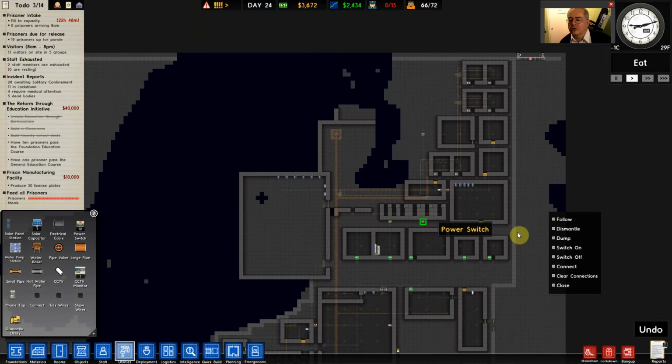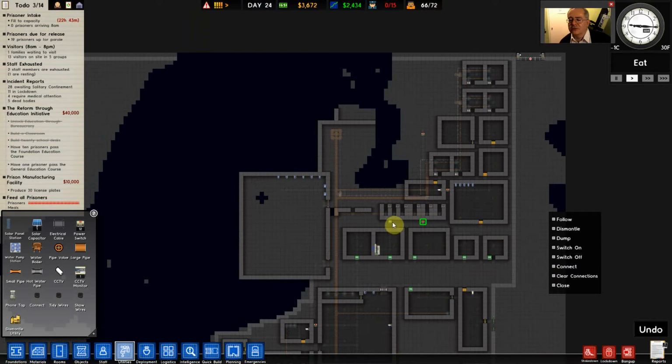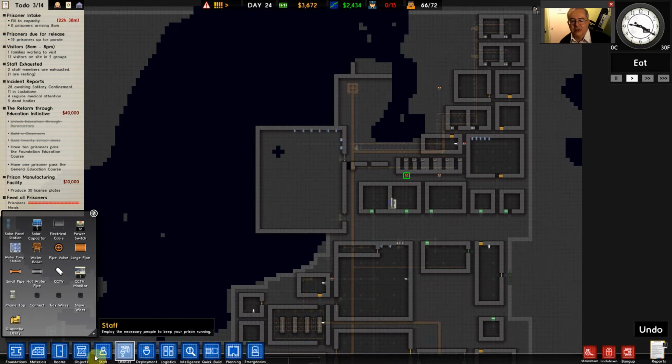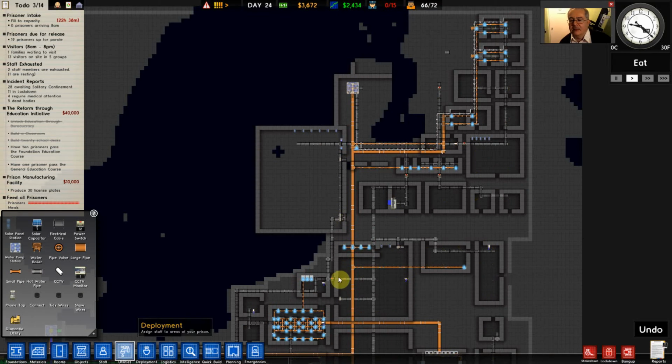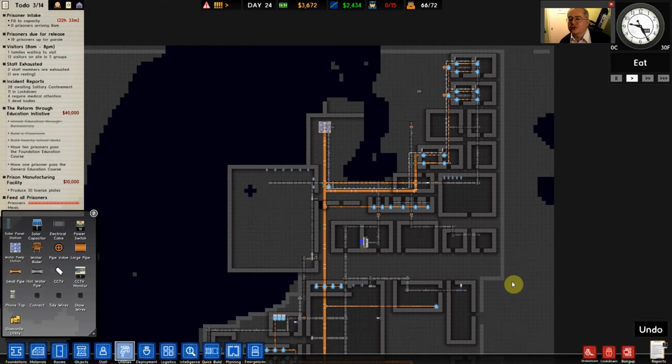No, switch off. The wrong ones to switch on. Let's look at the routes again. Is it this one? No, I don't want to switch that one on. I want to keep this area off and just switch on up here.